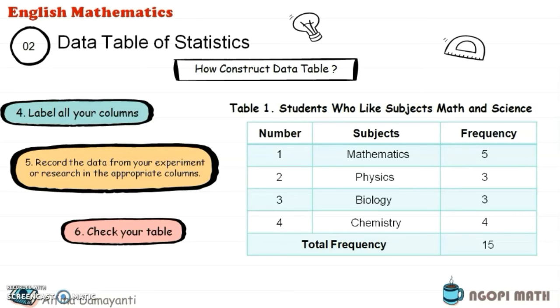In our research, we know that mathematics has 5 students who like it. Physics has 3 students who like it. Biology has 3 students who like it. And chemistry has 4 students who like it. So the total frequency is 15.